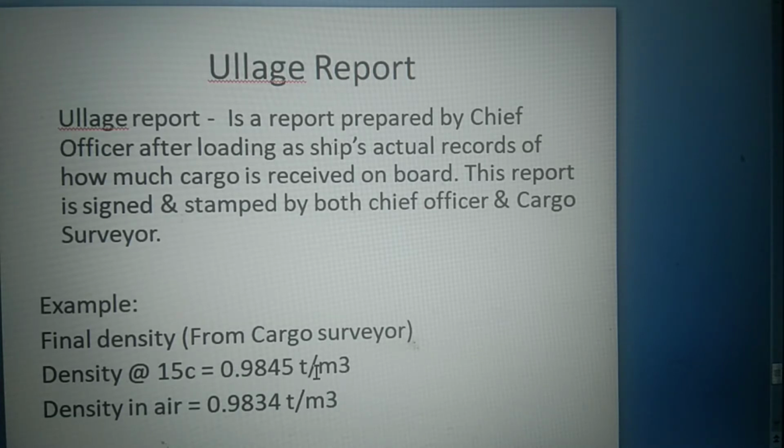From this density we subtract the constant figure of 0.0011. So 0.9845 metric tons per cubic meter minus 0.0011, then we have the density in air.